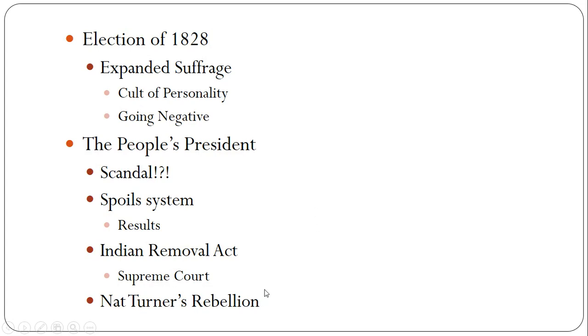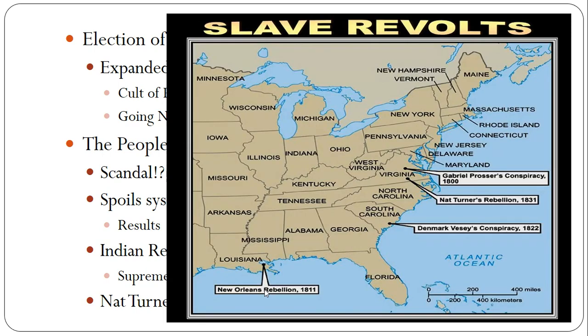We also saw Nat Turner's rebellion, which brings us back to the issue of slavery, which we need to remember is always sitting there, sometimes breaching the surface of the narrative, other times not, but an entrenched part of American society. Nat Turner's rebellion was in 1831 in Virginia.